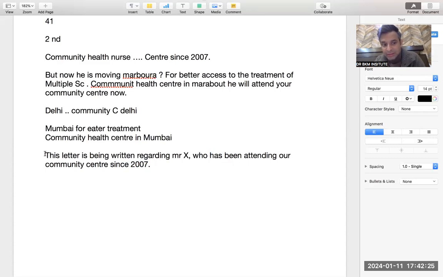This type of grammar gets A grade. That is what OET says. If you know the tenses, then you will get A grade. This is the most important sentence I want to tell you. Please remember this. I will tell you one more grammatical sentence which will fetch you more marks, but don't use it forcefully. Use it only if it is in the letter.